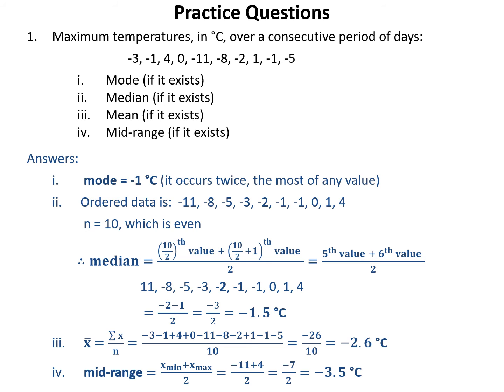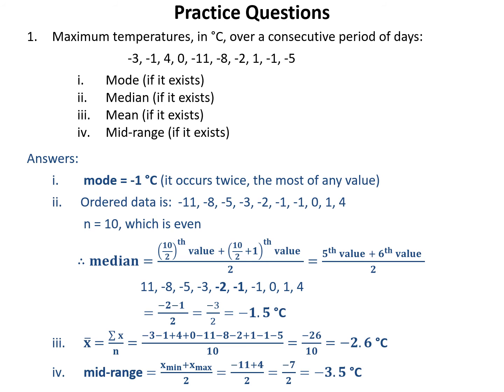The result won't be different if we did it the other way, but for consistency's sake, and because that is perhaps the way we'll most often see data like this put into order, if it is ordered, we'll do the increasing order. So if we do that, we can see that the data goes -11, -8, -5, -3, -2, -1, -1, 0, 1, and 4.